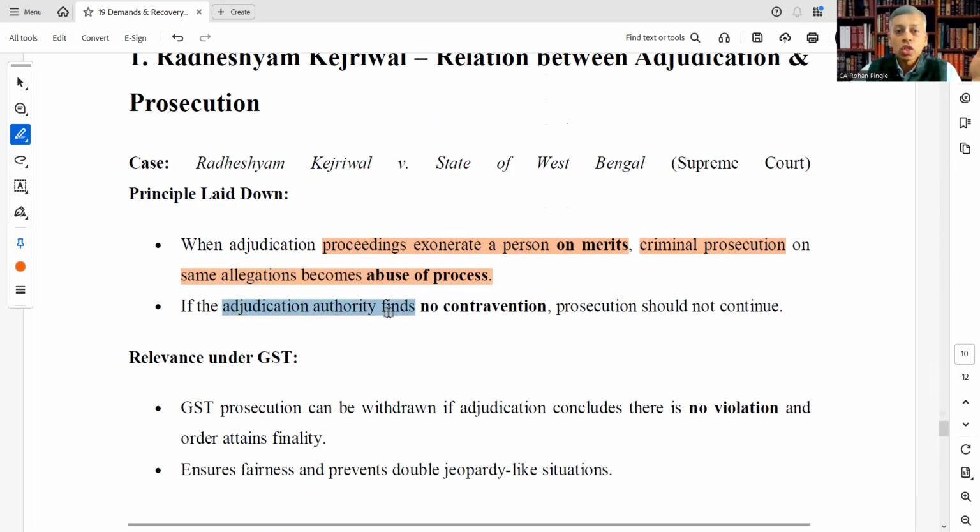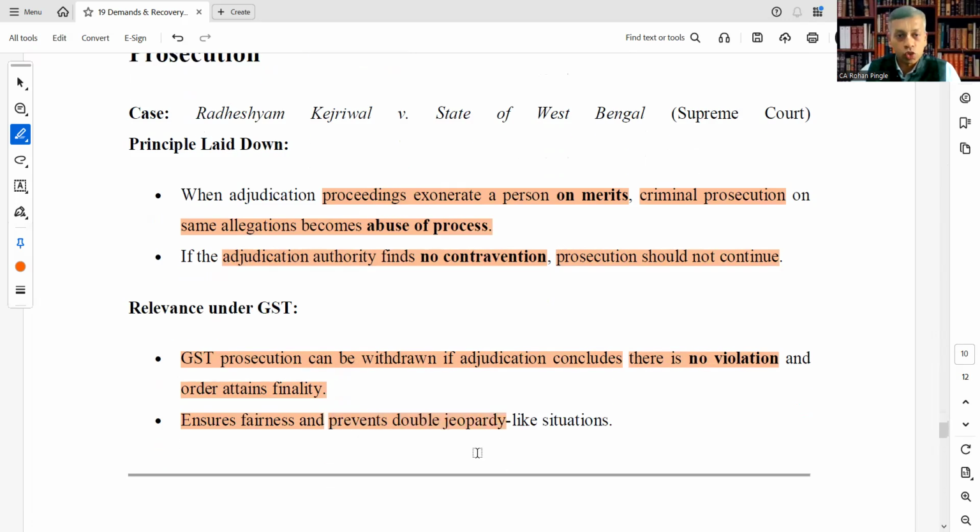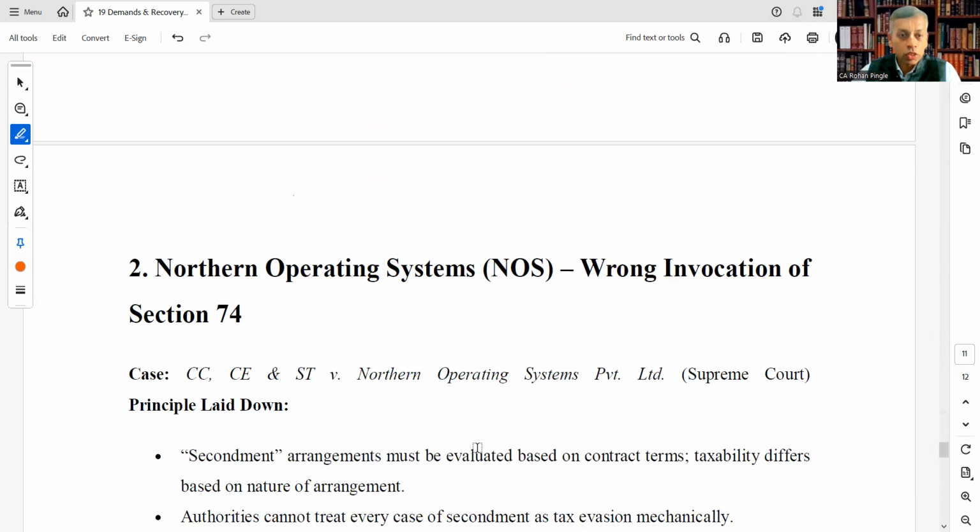If the adjudication authority finds no contravention, prosecution should not continue. So relevance under GST is that GST prosecution can be withdrawn if adjudication concludes there is no violation and the order attains finality. It ensures fairness and prevents double jeopardy like situations. Next.